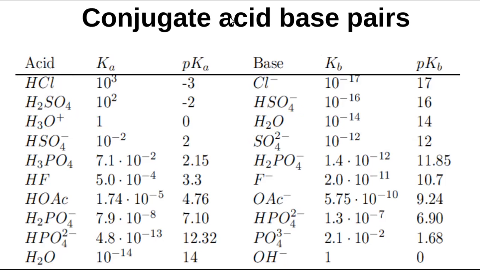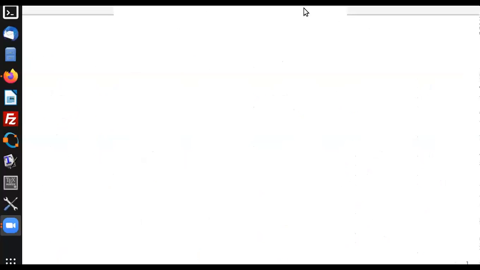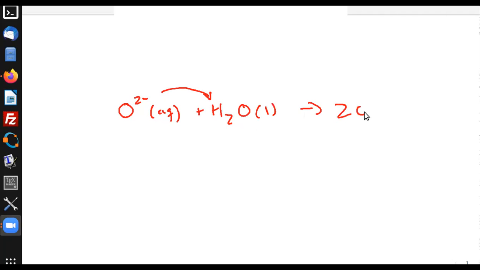now let's see, can we get a whiteboard? Yeah, annotation, yes. If you just formally would dissolve some oxide ion in water, then it would immediately steal a hydrogen entity from a water, and we would get 2 hydroxide ions.